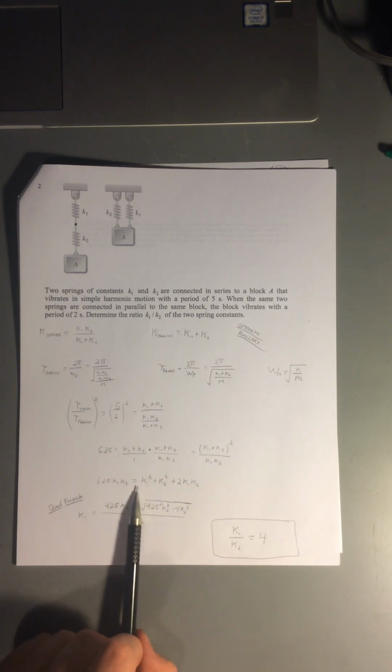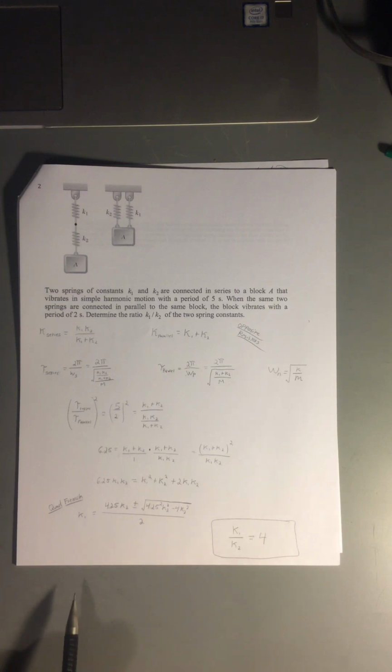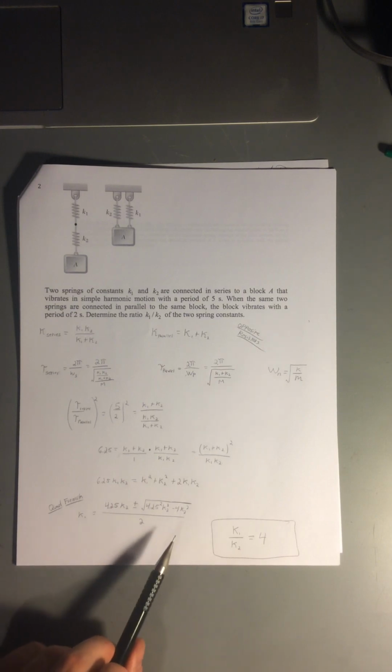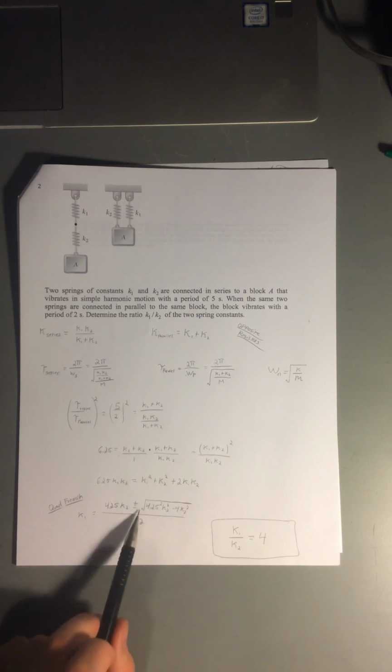Since we have this quadratic equation, we can plug that into our quadratic formula, which gives us this relationship. And then from there, we just need to do some more algebra to factor out, so we can pull the K squared out of this term because it's squared in both of them.